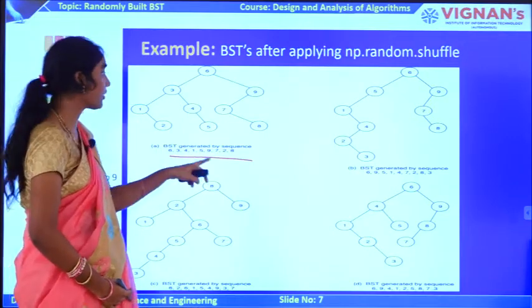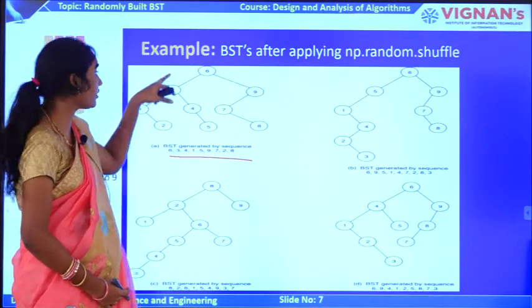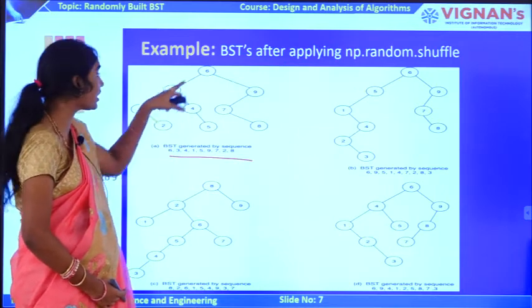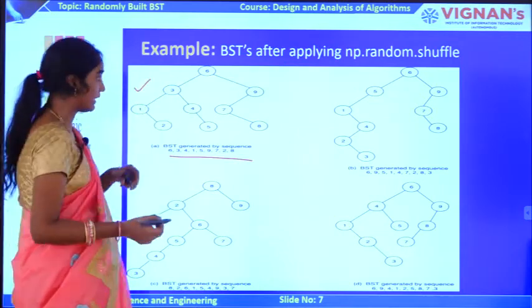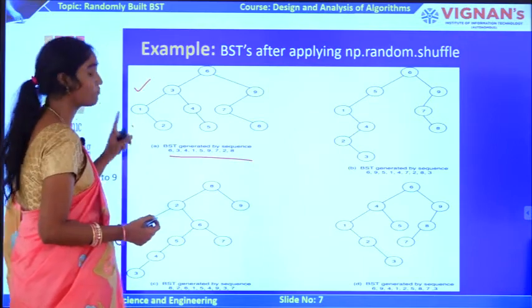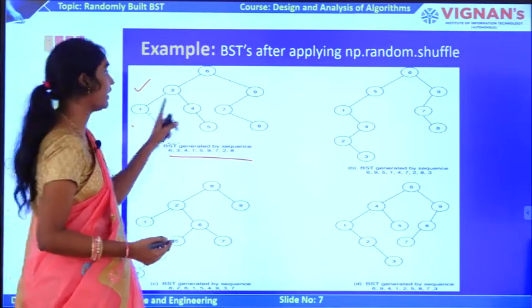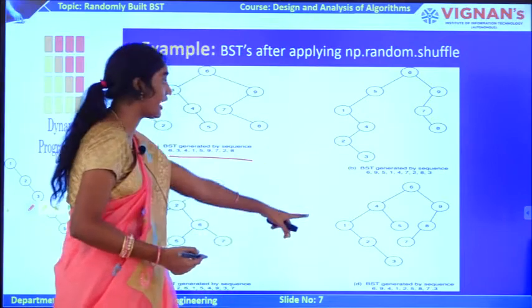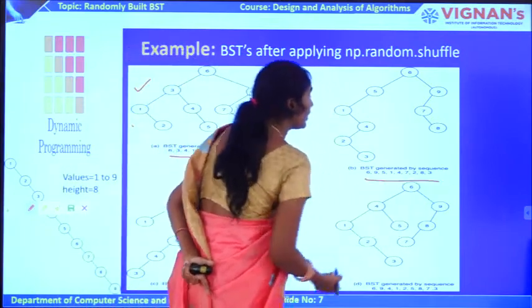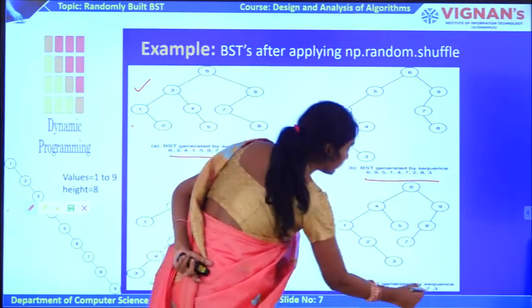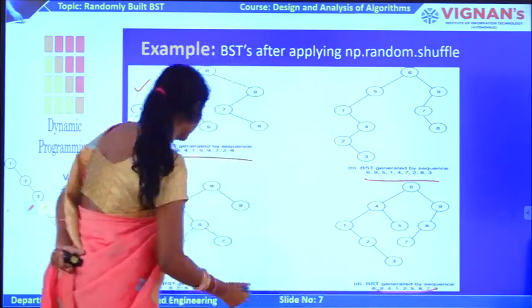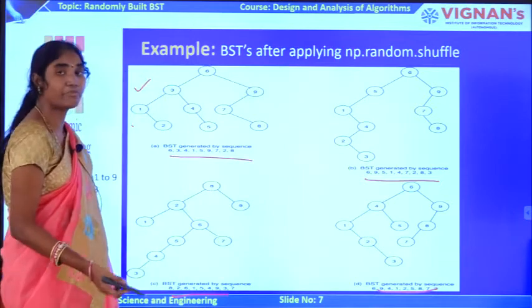6 3 4 1 5 9 7 8. If I go with this sequence and insert each and every value in order, I will have the first BST like this. So this is the first BST, that is a randomized BST, and this is the second BST, this is the third one, and this is the fourth one. For this, the sequence is 6 9 5 1 4 7 2 3, for this 9 4 1 2 8 7, for this 8 2 6 1 5 4.